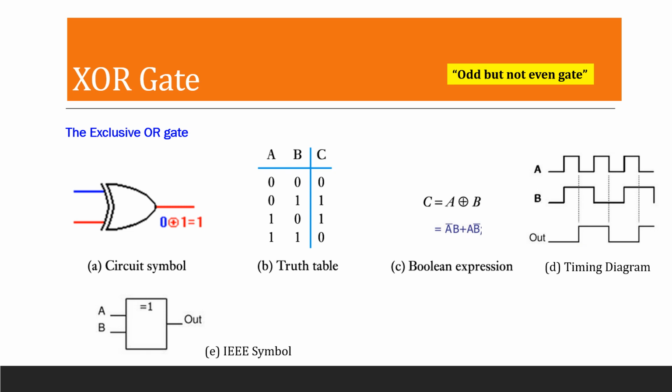The OR gate produces 1 for any input combination having one or more ones, but the XOR gate produces an output 1 only for those combinations that have an odd number of ones. So this gate can also be called the odd but not even gate. That means this gate produces an output 1 only for those input combinations that have an odd number of ones.